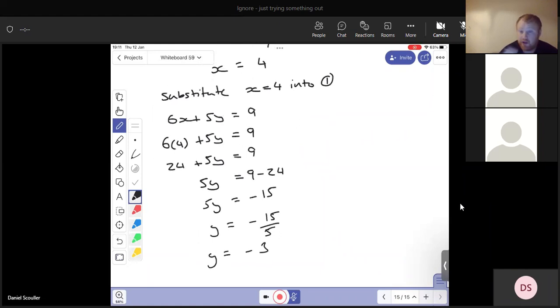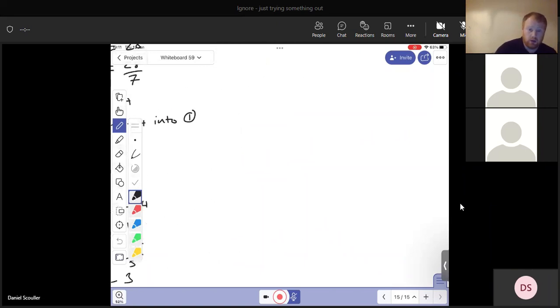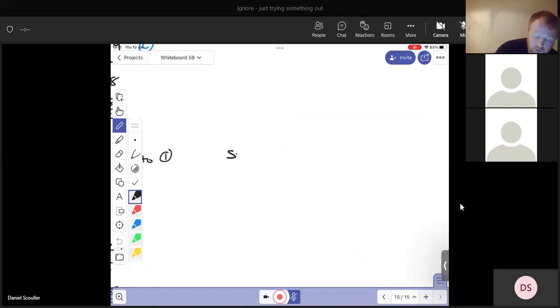You could have substituted that into equation 2 and get the exact same answer. So whatever equation looks the simplest, and that comes from experience when you've looked at a couple of these, you can do. Just to show that, I'll substitute x equals 4 into equation 2.